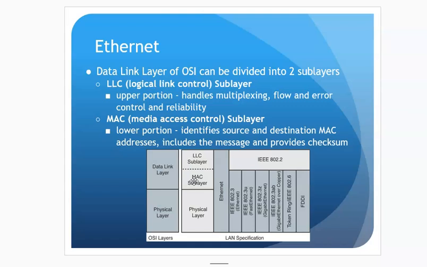That's the one that's giving us the MAC address, media access control address. The logical link control sublayer is the IEEE 802.2 standard. This is the one that's interfacing with the protocols and things above, and handling things like multiplexing, flow and error control, reliability, that kind of thing. And that's standardized by IEEE 802.2.